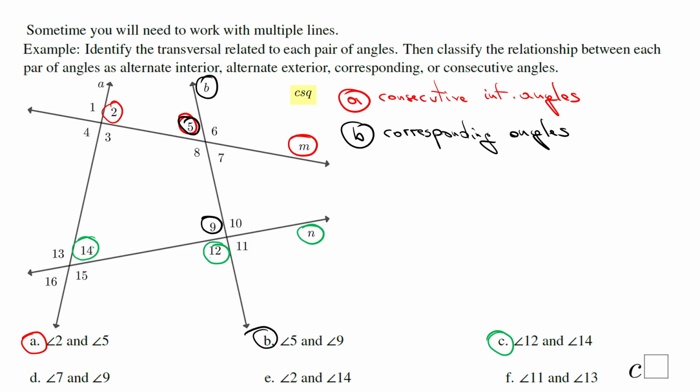And one on one side of the transversal and the other one on the other side of the transversal. And we call these angles what? Alternate interior angles. Let's go to part D.